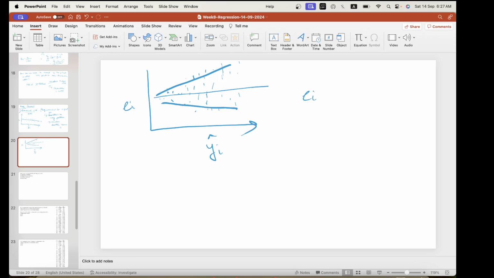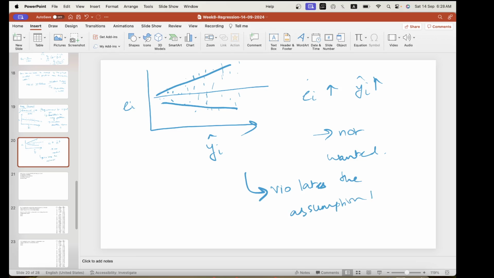So here ei is increasing with yi hat. This is something not wanted, because this violates the assumption that the variance of the residuals should be sigma square I.